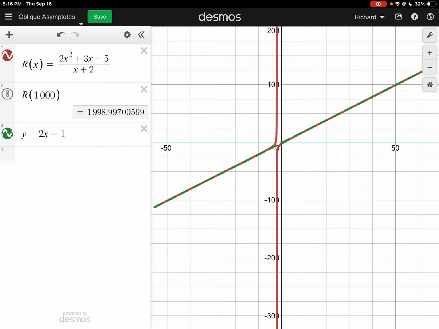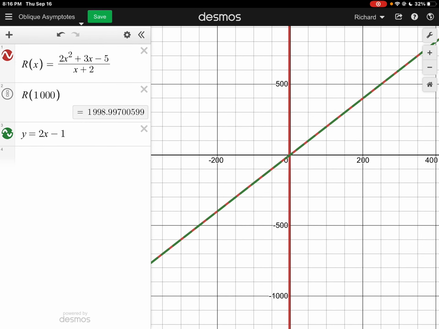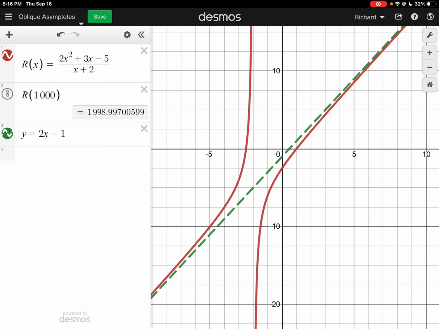And if I really zoom out, the graph actually looks like just a straight line. It looks like a vertical line and then a diagonal, sloped line. Okay, let's go back to where we're zoomed in on it, and it looks something like that, right?